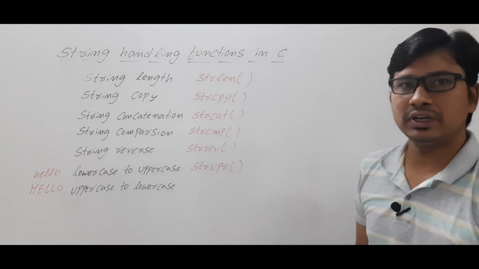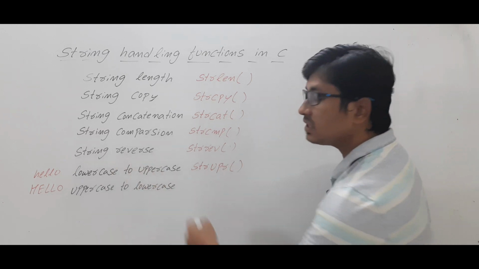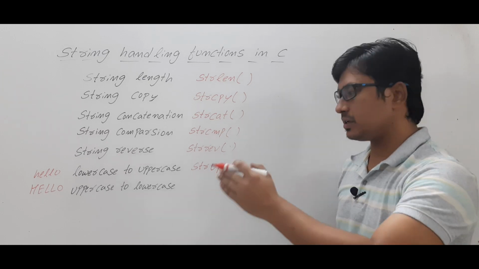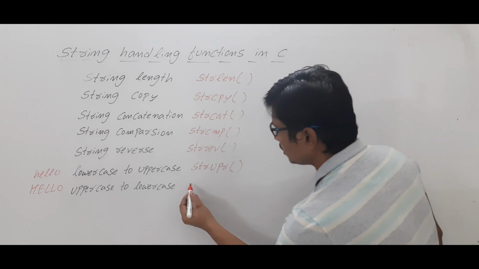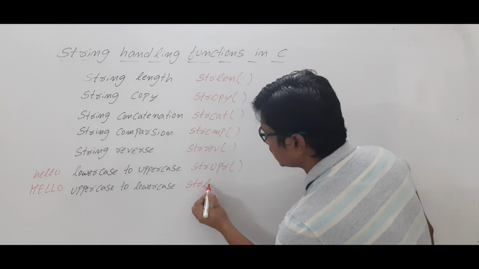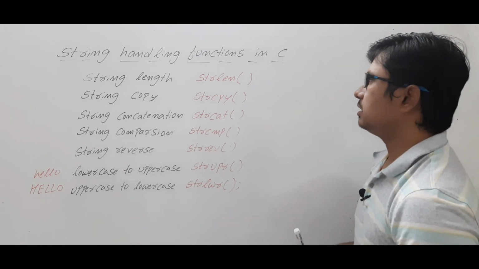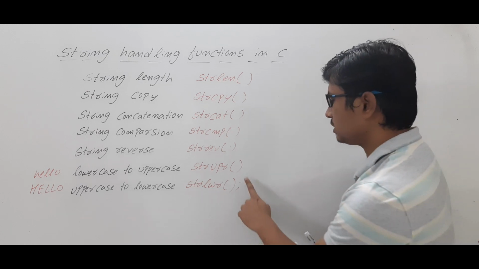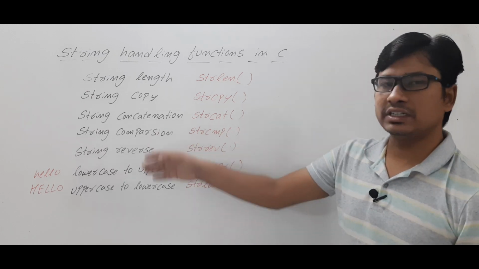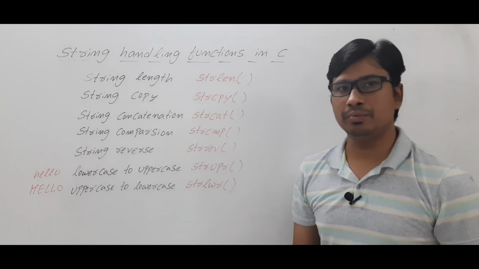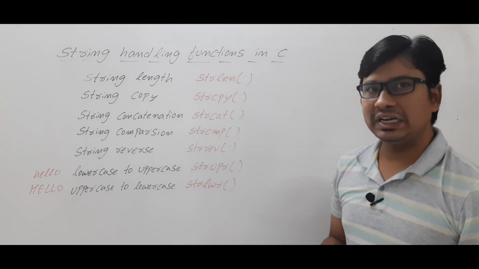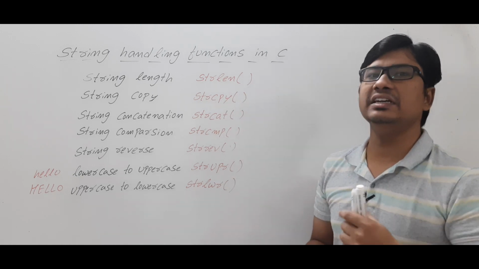In the reverse, if it is in uppercase and you want to convert into lowercase, we have a function called strlwr. It will convert into lowercase. Is it clear? I hope you have understood what the functions are and what basic operations we can perform. Now I will discuss each function in detail.